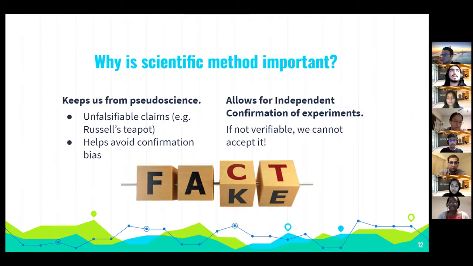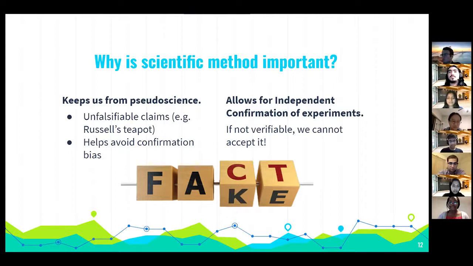An example of that, which is used in Russell's argument, is Russell's teapot, where he says, I can assume that there's a tiny teapot orbiting around the Sun between Earth and Mars, but it is too small for any scientific equipment to detect it. Such a claim seemingly could be true, but there's no way to falsify it or verify it. So that makes it something of no value in scientific studies.